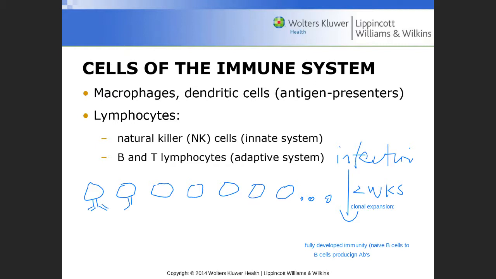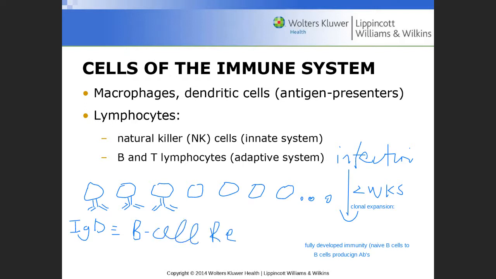This immunoglobulin on the surface is known as IgD. Of the 5 immunoglobulins, this one is IgD. You can think of it as the B cell receptor.